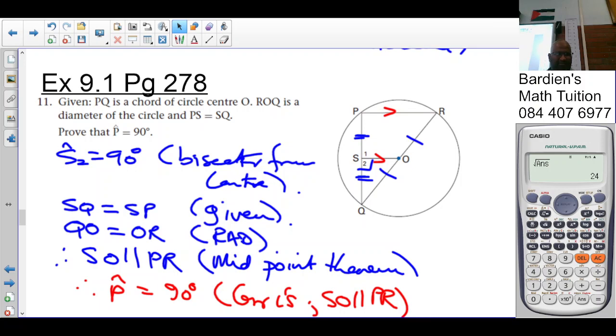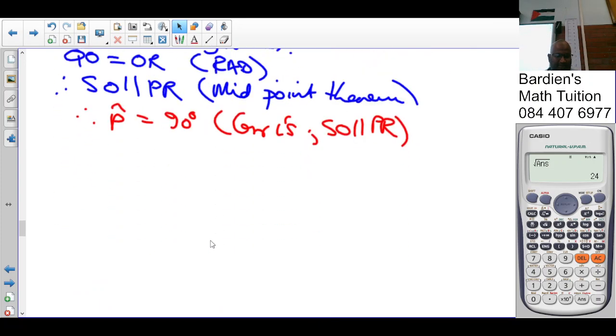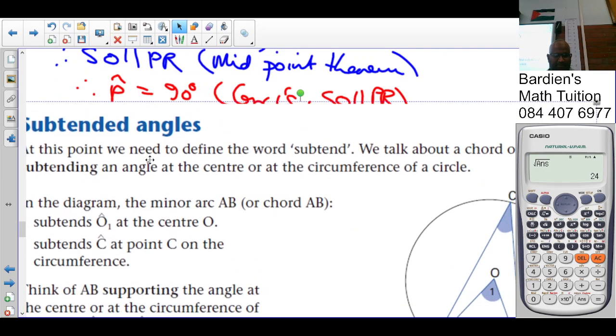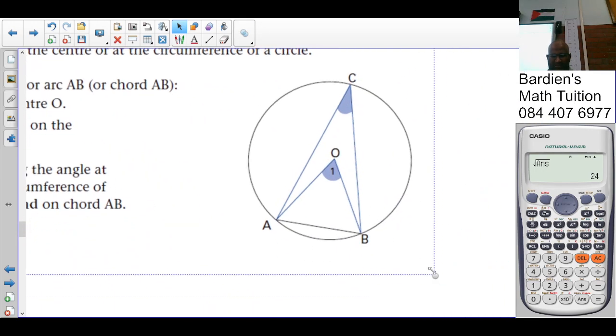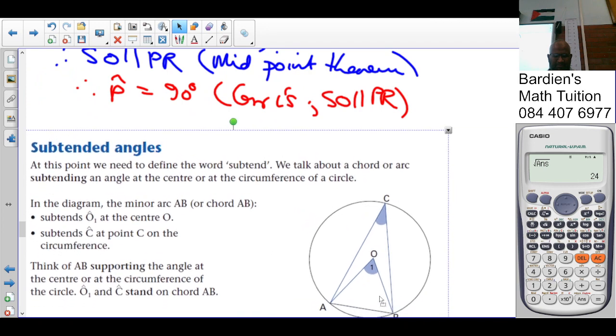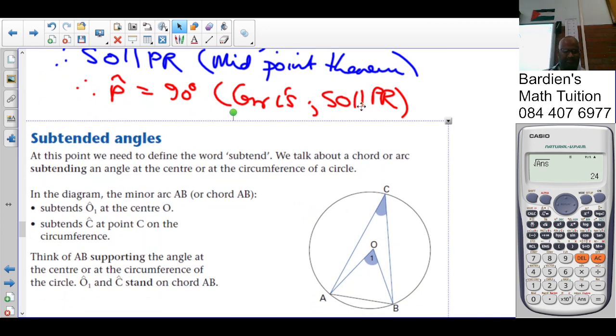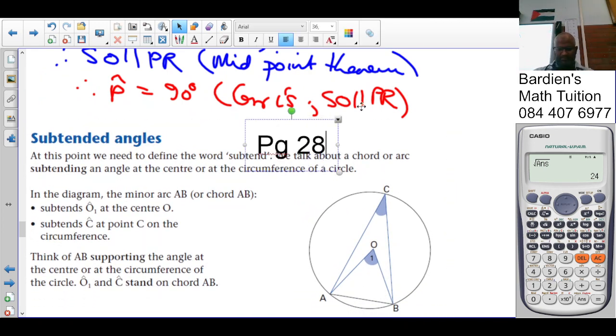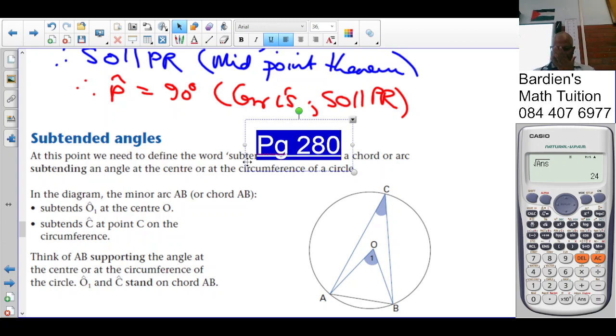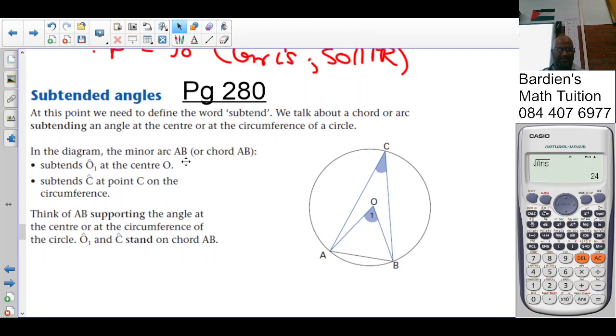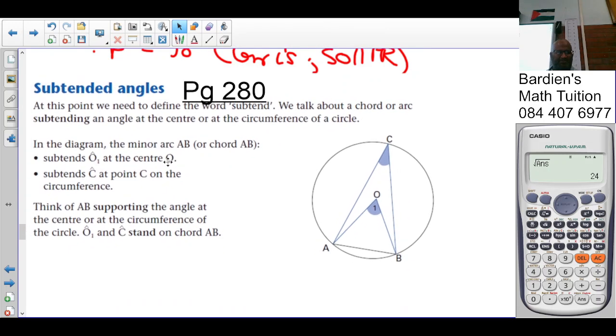We're using the Clever Maths textbook, Keeping Maths Simple. Okay, subtended angles.